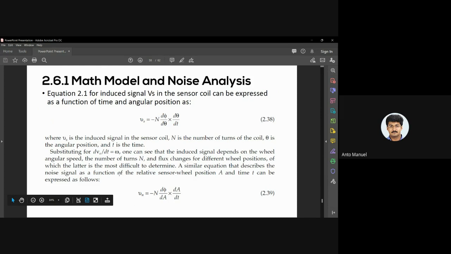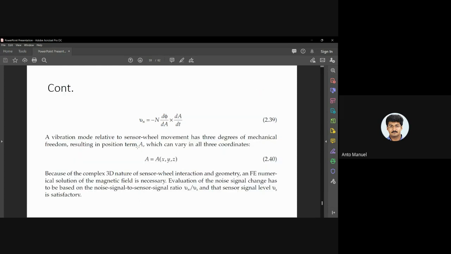A similar equation describes the noise signal as a function of relative sensor wheel position. The noise-influenced parameters can be represented in the form of dA, and the signal output should be V equals minus n dφ/dA times dA/dt. This is the theory of the mathematical model of noise analysis. Going to the representation, we need a three-dimensional representation in x, y, z.